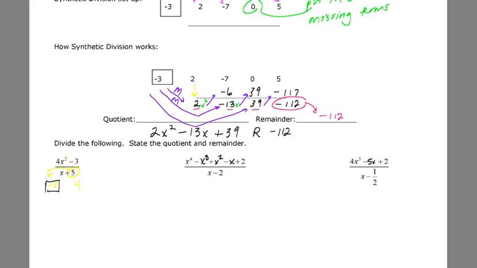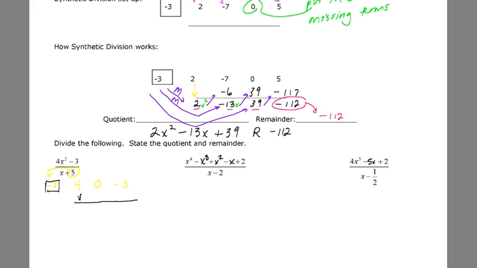Now there's a missing term because it goes from a square to a constant, so I need to put a 0 for the middle term that's missing. Then the negative 3. So positive 5 becomes negative 5 in the box, then 4, missing first power, negative 3. Then we'll draw the line and just start our synthetic division.